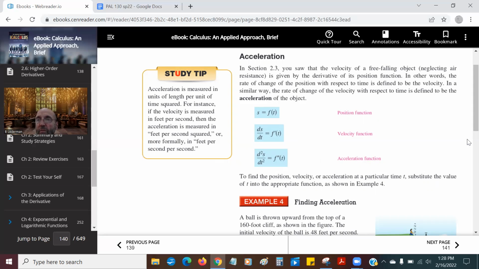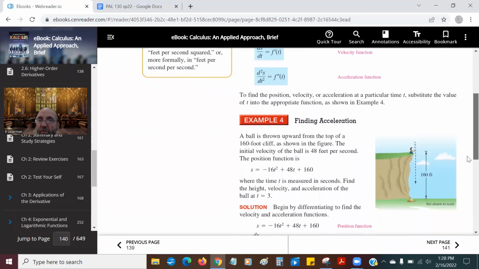Okay, so a ball is thrown upward from the top of a cliff, a 160-foot cliff. You see right there, and the initial velocity of the ball is 48 feet per second. It means the person throws it upward at 48 feet per second. The position function is negative 16t squared plus 48t plus 160.